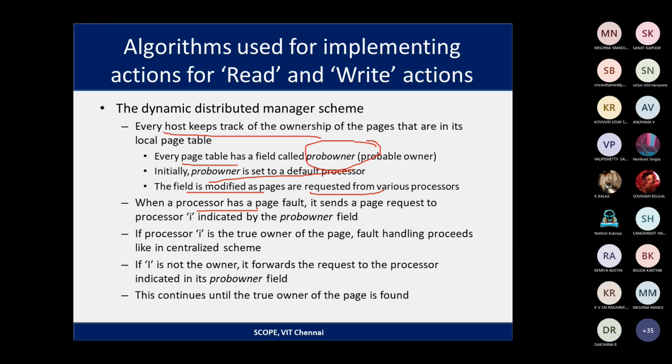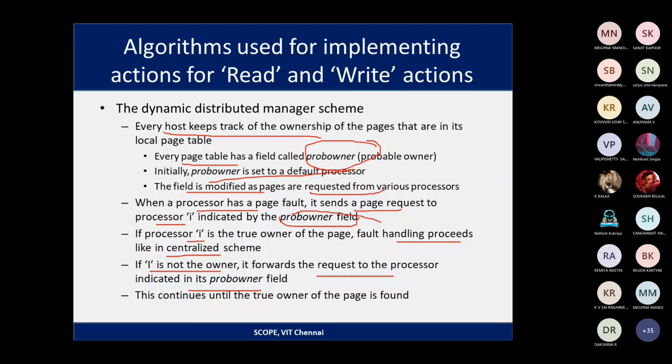When a processor has a page fault, it sends a page request to processor I. Then the handling proceeds like in the centralized system. If I is not the owner, it forwards the request to the processor indicated by its probable owner field. This process continues until the true owner of the page is found. That's all about IVY.